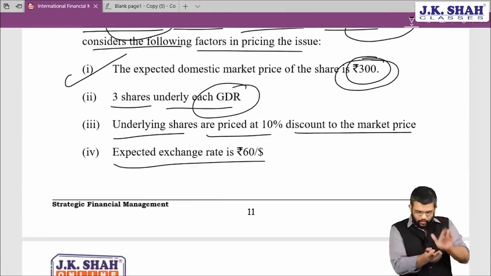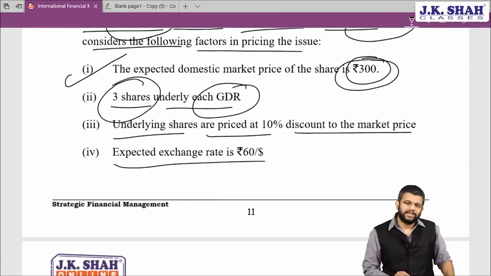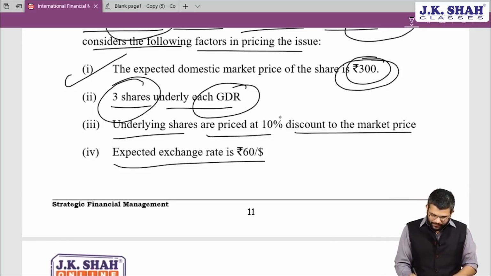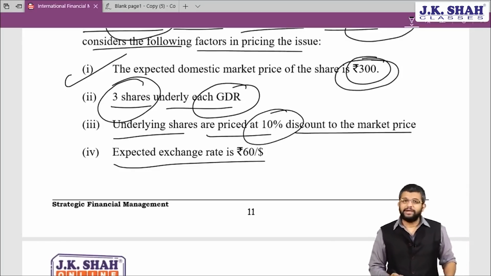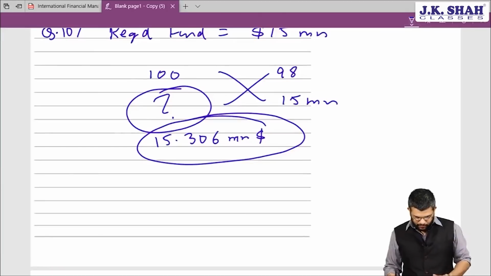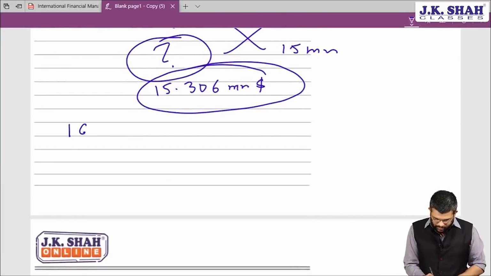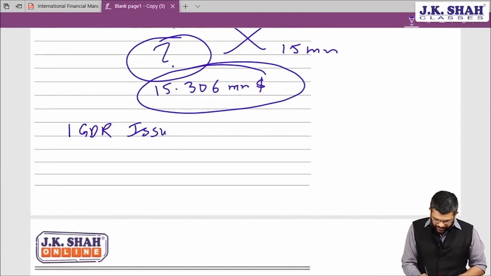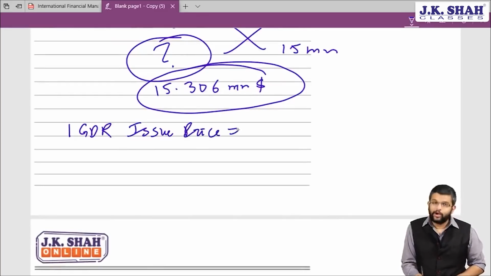Then they say that the expected domestic market price of the share is 300. One GDR instrument underlies 3 shares, which means in one instrument there are 3 shares underlying, and the underlying shares are priced at a 10% discount to the market price. So the issue price of 1 GDR should be how much?